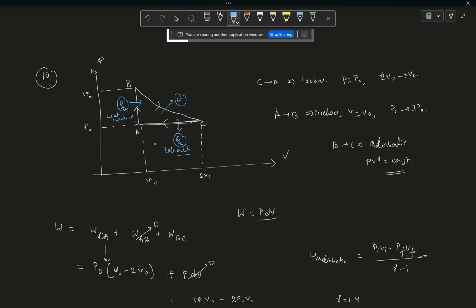Now to calculate what is the heat being released, you have to just calculate the area that is just under this line AC. Okay, and that will be simple. You can get QC just by taking the area under this, but then again there is also a catch.